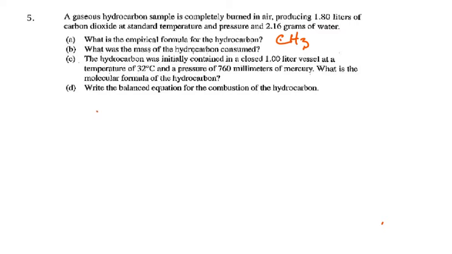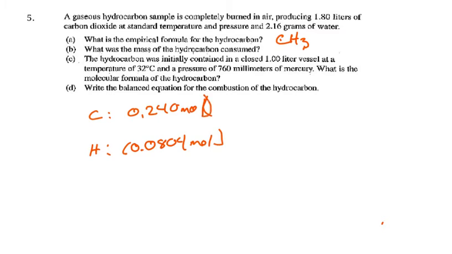So I don't have the exact numbers from the previous slide at the moment, but the carbon was somewhere around 0.240 moles, and we found out that the hydrogen had about, I want to say 0.0804, somewhere in there. Oop, going the wrong direction there. Let's erase some stuff here and get it right.